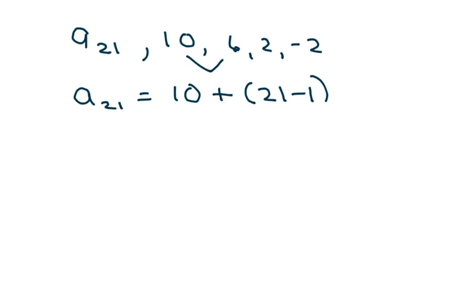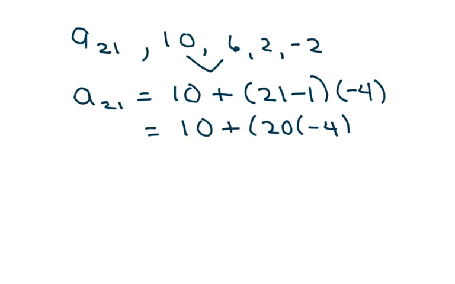In this case, our common difference is negative 4 because you're going down in the sequence. And you add all this up and multiply. So that's going to be 10 plus 20 times negative 4, which equals negative 70.